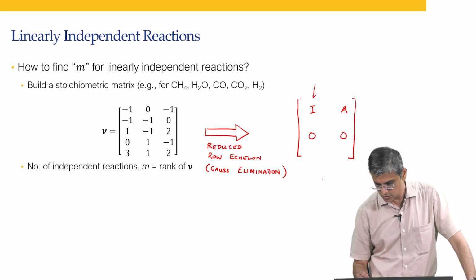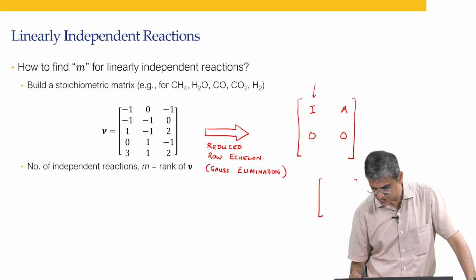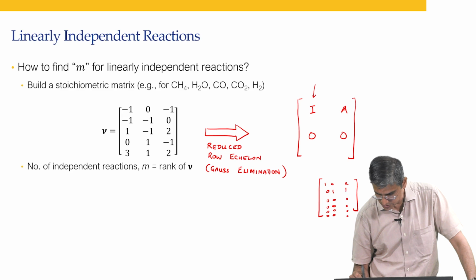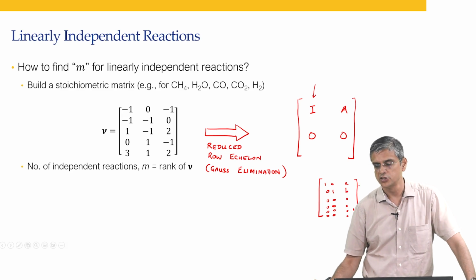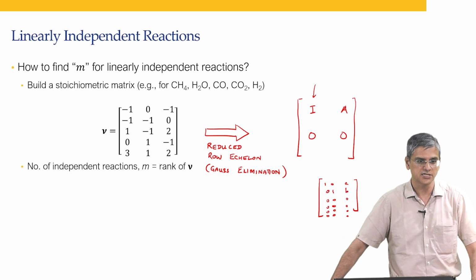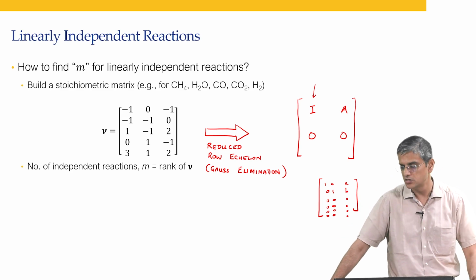So, the way that you will get this matrix is 1 0 0 1 0 0 0 0 0, 0 0 0 A B C D 0 0 0 0 0 0 0. Oh sorry, A B and 0 0 0 0.